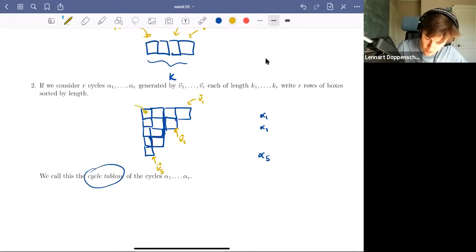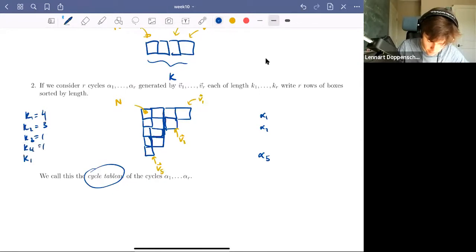Let me first put in the k's. So k1 is 4 because the first cycle has 4 boxes. K2 is 3, K3 is 1, K4 is 1 as well.